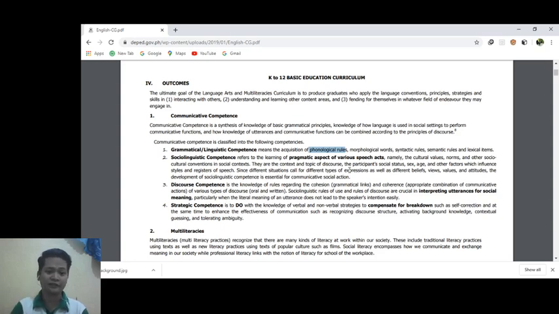Sociolinguistic competence: sometimes meaning differs depending on the context, all right? So you must have the knowledge and pragmatic aspect of various speech acts. If you are talking to somebody, you have to consider the values, the beliefs of the person, the attitude, even the social status, right? Who said it, the background of the speaker.